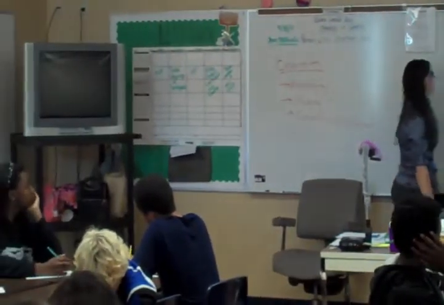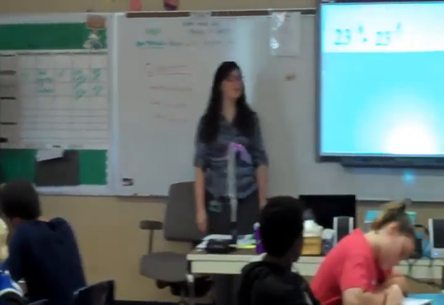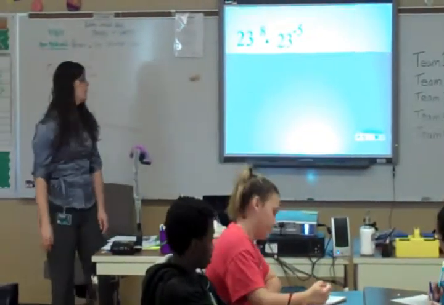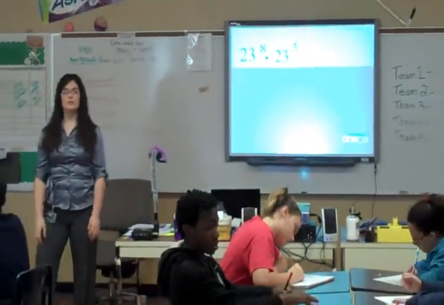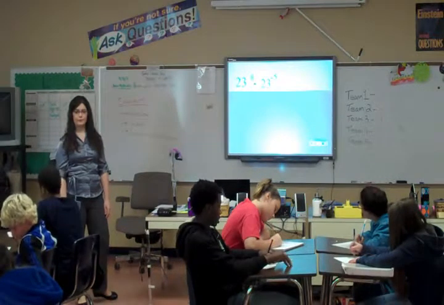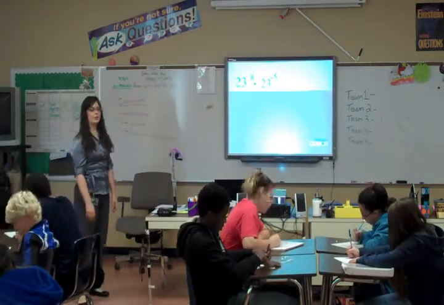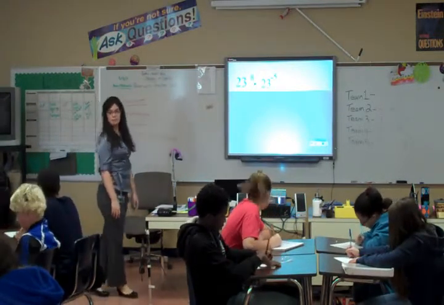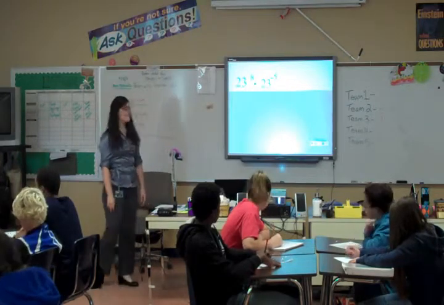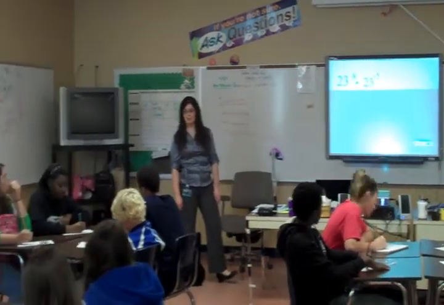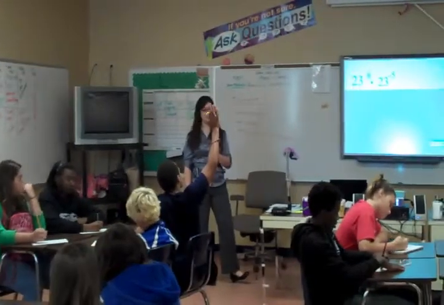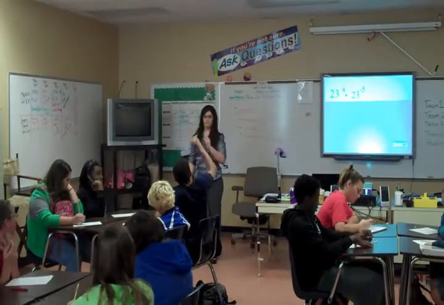Let's do a problem together. We have 23 raised to the 8th power times 23 raised to the negative 5th power. Can someone raise your hand in team 1 and tell me what the next step is? How would you rewrite that? Not the answer, but how would you rewrite that?